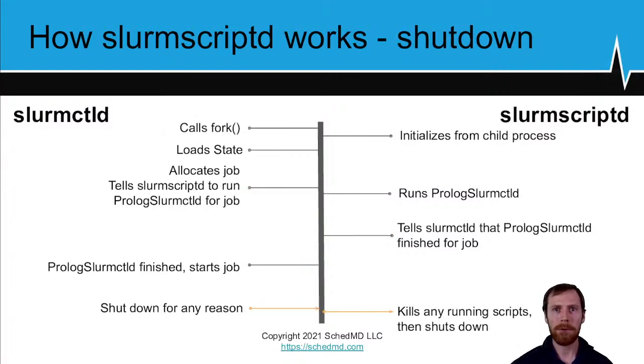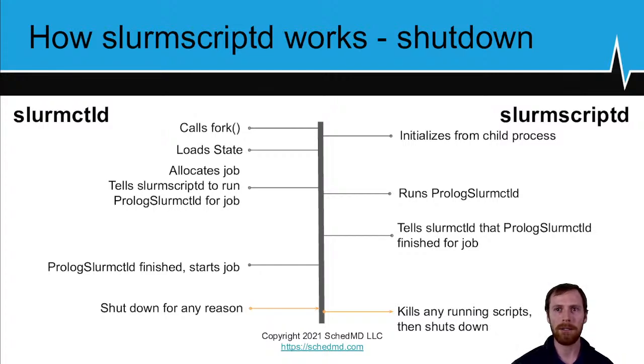For shutdown, when the controller wants to shut down, it just tells slurmscriptd to shut itself down. And slurmscriptd kills any scripts that are running and then shuts down cleanly. This also happens if the controller crashes for whatever reason. slurmscriptd will automatically shut itself down and kill any running scripts.